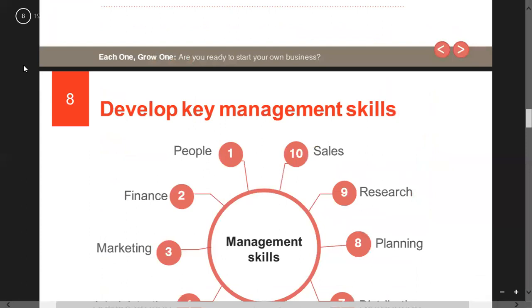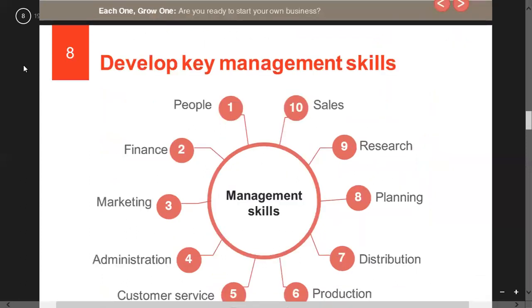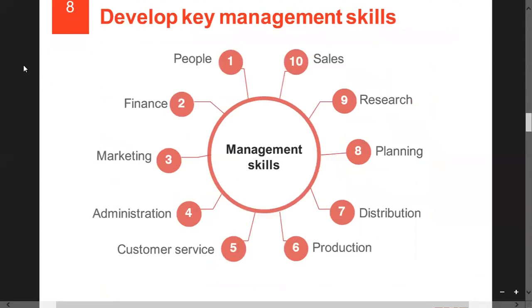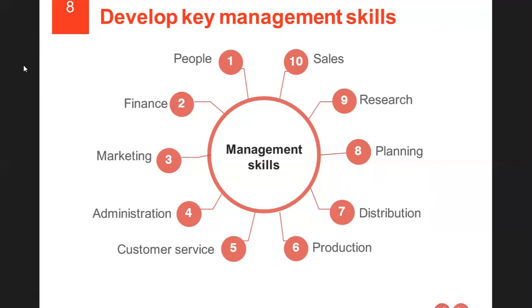Next one is about developing key management skills. It is very important to understand the key management skills. So we can take a look at this diagram here. Number one is about people. As I said earlier, people refer to human resources.